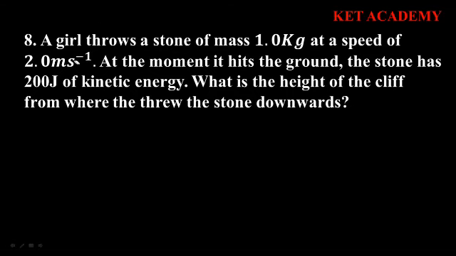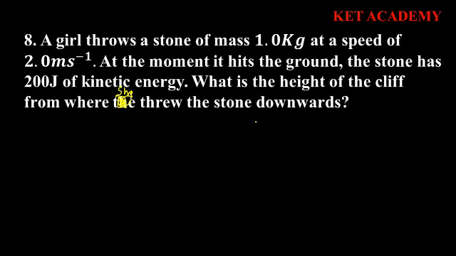Now question 8 says that a girl throws a stone of mass 1.0 kilograms at a speed of 2.0 meters per second. At the moment it hits the ground, the stone has 200 joules of kinetic energy. What is the height of the cliff from where she throws the stone?